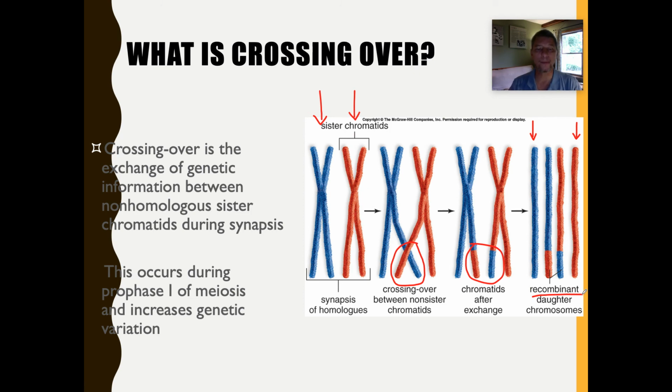They've got a little bit of mom's DNA on dad's chromosome and a little bit of dad's DNA on mom's chromosome. Now, this occurs during prophase 1 of meiosis, and it tends to increase the genetic variation within those individuals, and of course, within a species.